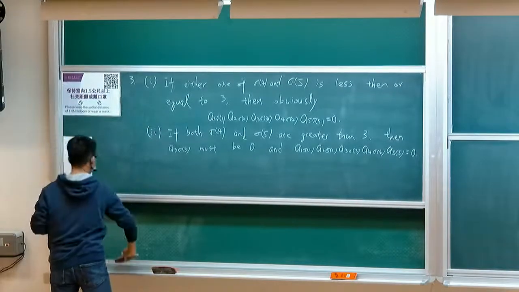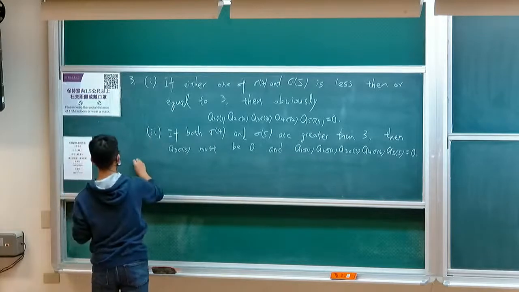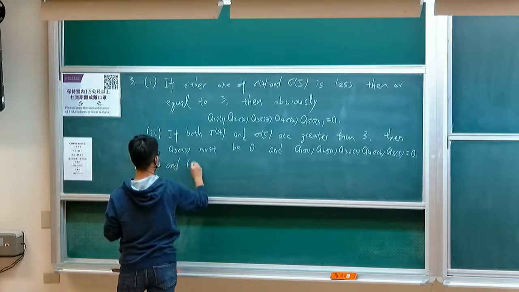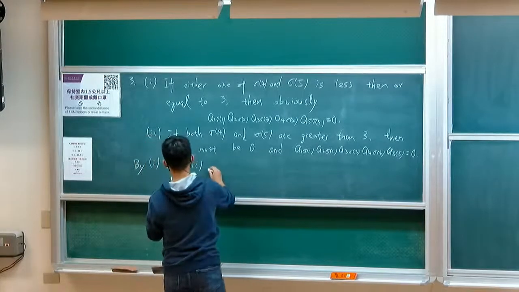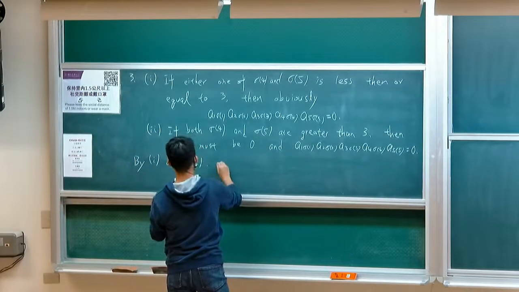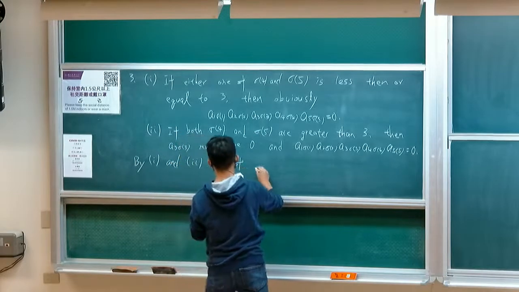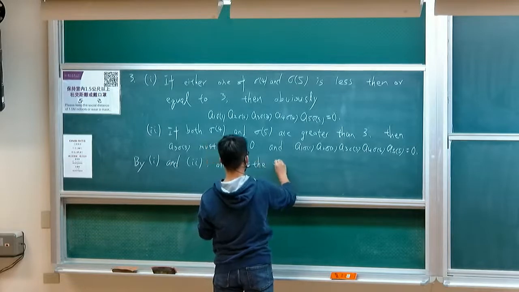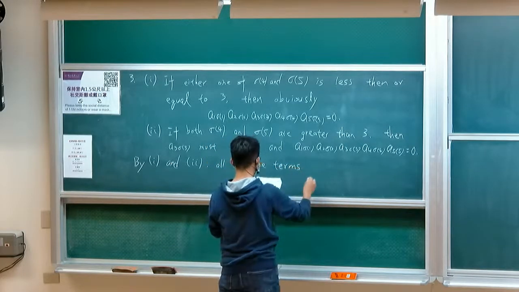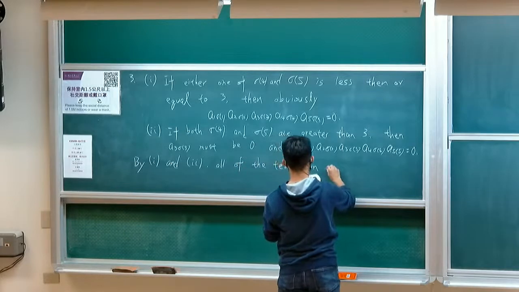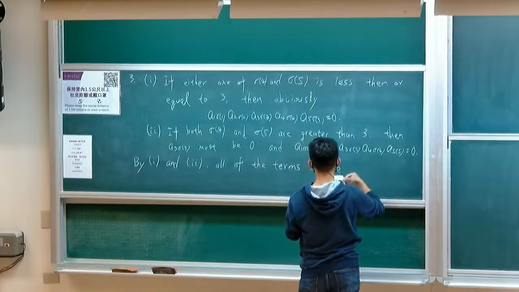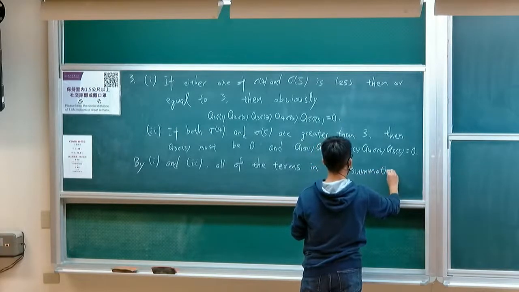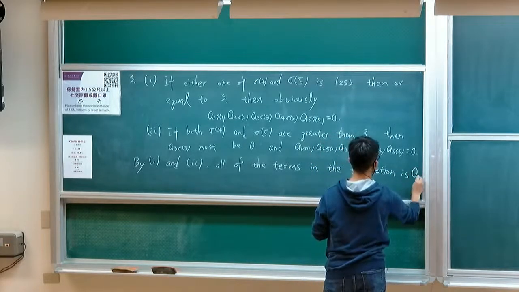Then by 1 and 2, we can conclude that all of the terms in the summation are 0.